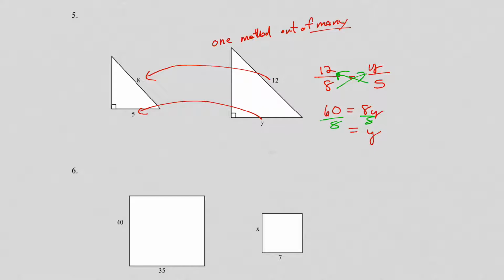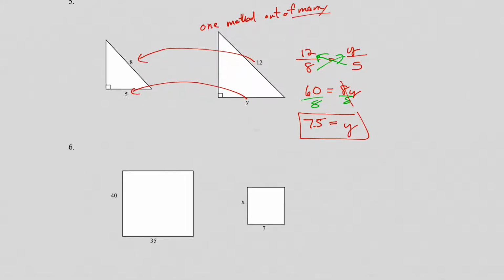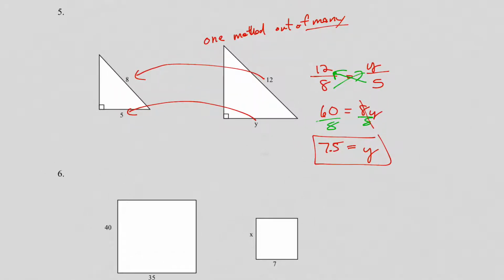Divided by 8. And then 60 divided by 8 is 7.5. Okay. So it's kind of awkward to go in reverse, but that just shows you it doesn't matter how you do it as long as you keep the same pattern in both ratios. Okay. All right, let's go to the next one.